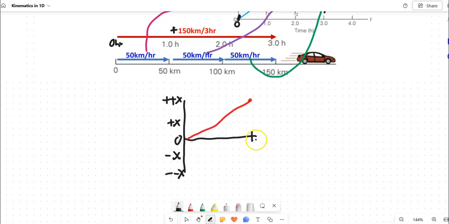So in other words, this slope would be really, really positive. So that is a steep slope over that period of time t.